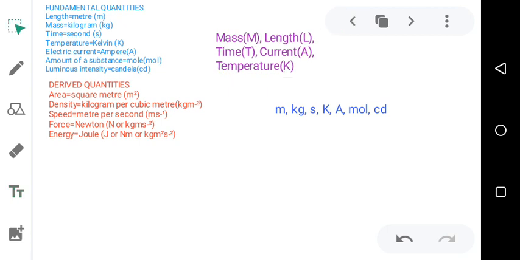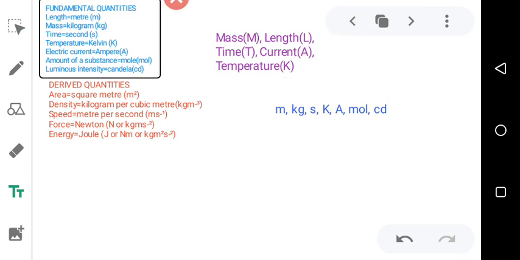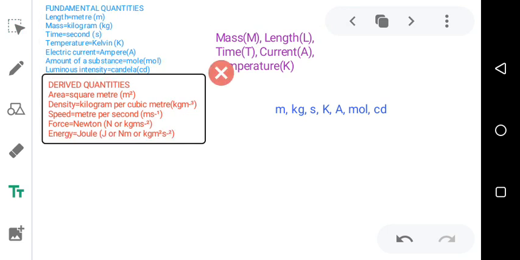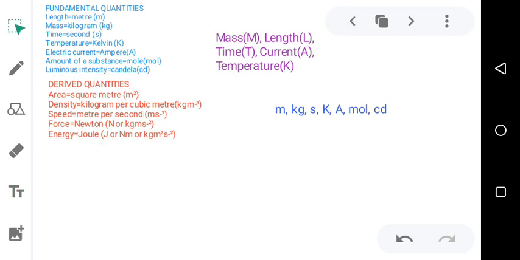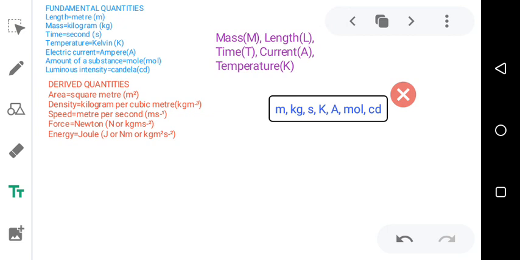But if you look at this, you will see those letters in the bracket, they are the units. You get? So here too, those letters in the bracket, they are the units. Hence, we are using this today to derive the dimension of the units.